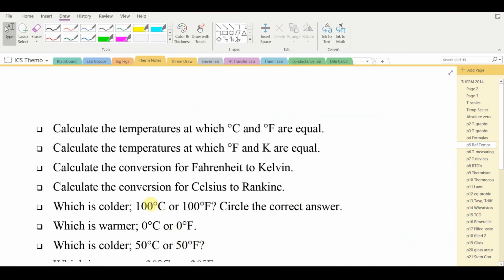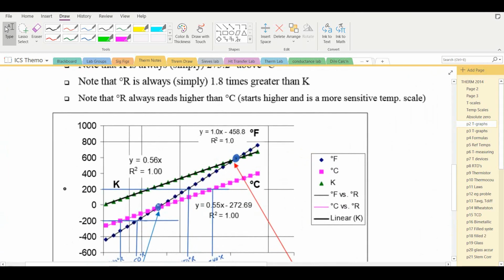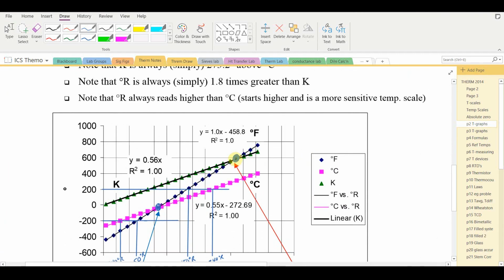All right, how about the same question here? So notice we're also asked to calculate the temperature at which degrees Fahrenheit and degrees Kelvin are equal. Let's go back and look at our graph. Recall there is a temperature, a high temperature at which Fahrenheit and Kelvin have the same value for the same temperature.